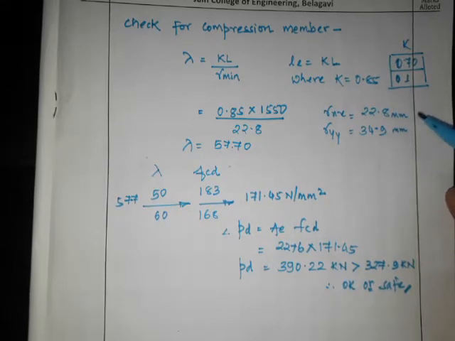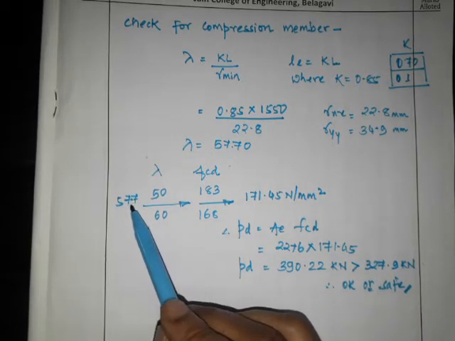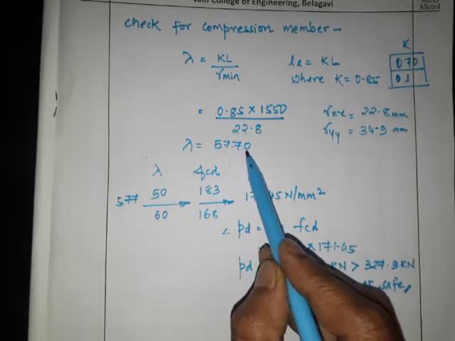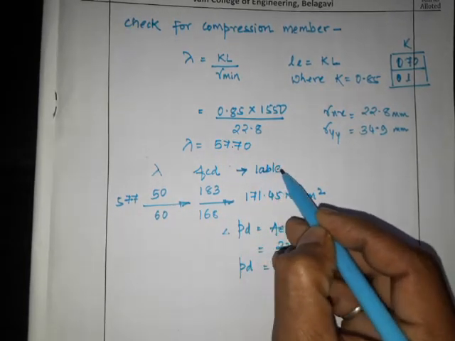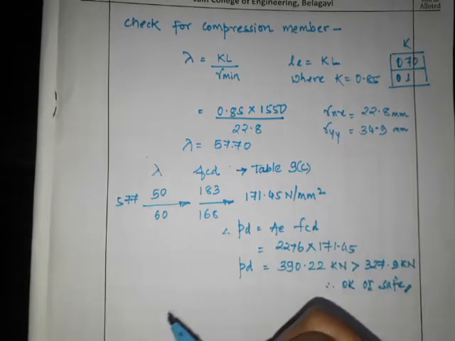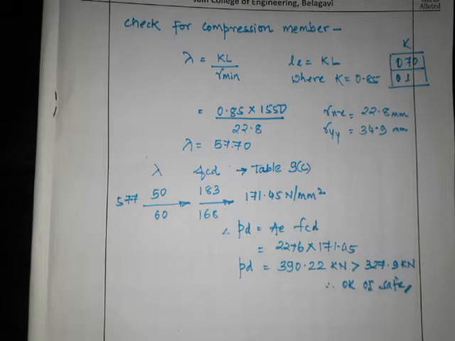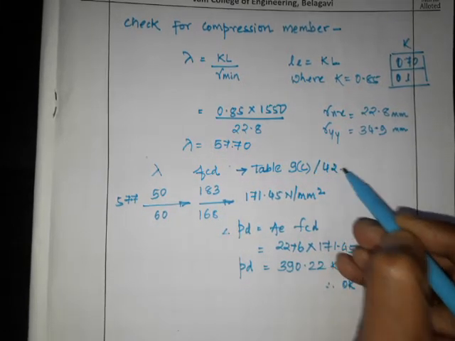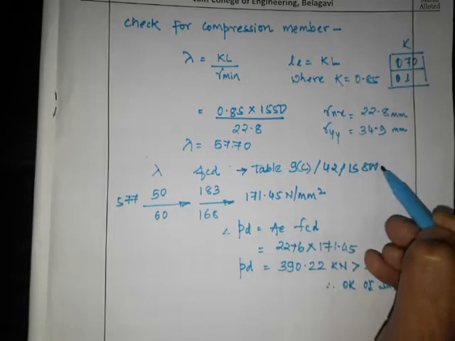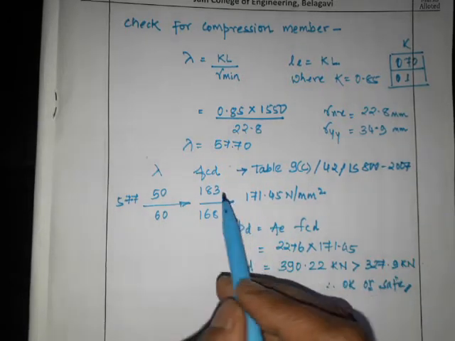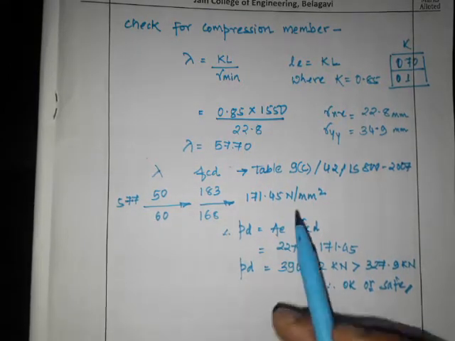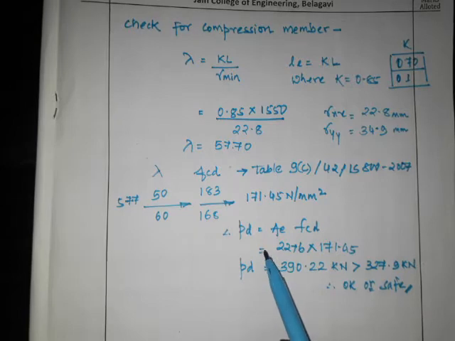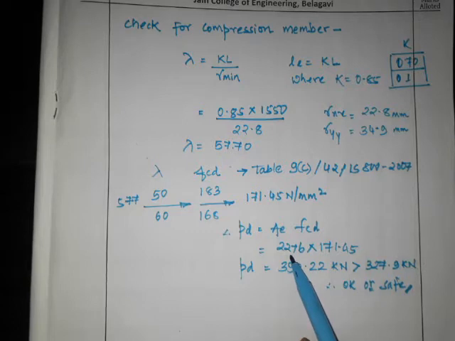Here we got lambda as 57.7, and by referring to table 9C, page number 42 of IS 800 2007, we get the value of FCD, the design compressive stress, which is 171.45.